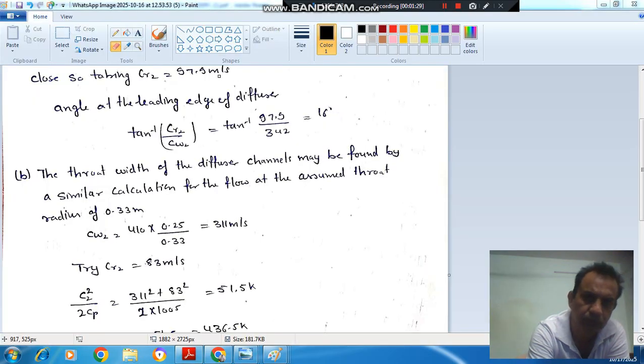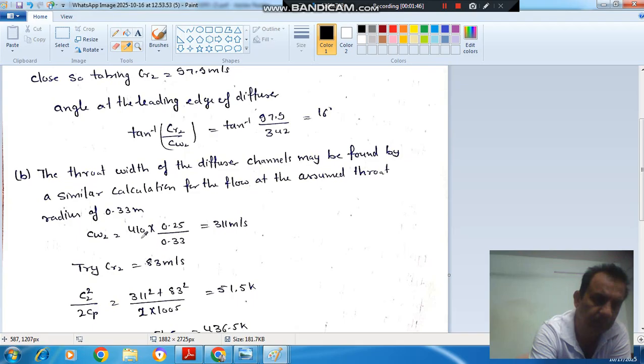CWR constant. In the vaneless space, we have CWR constant, and for the diffuser throat, the radius is 0.33 meter. So CW2 into 0.33 will be equal to the product of whirl velocity at the impeller tip into impeller radius.